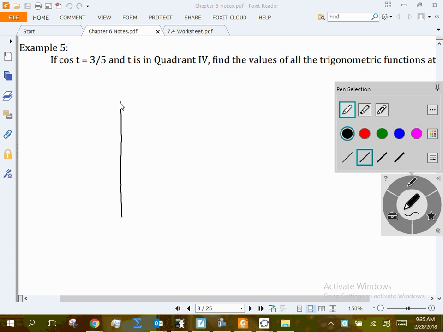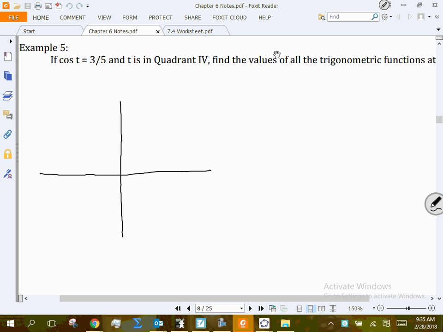All right, so this question, we've already seen a variation of this question, so I'm going to show you how this chapter wants us to view it, and I'll show you how we've already viewed it in chapter 5. Not the greatest at drawing circles. All right, so I got that circle. It's a unit circle, okay? So this point here is 1, 0. It says if cosine of t equals 3/5, and t is in quadrant 4.